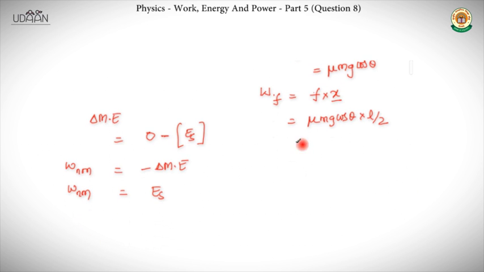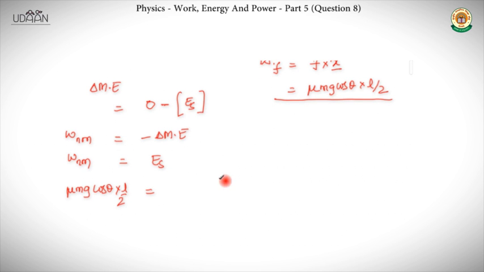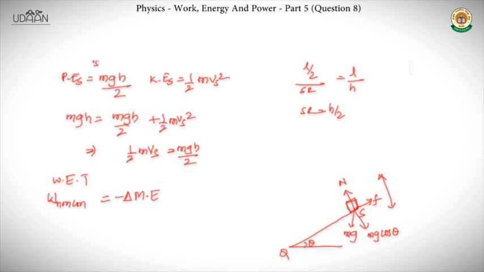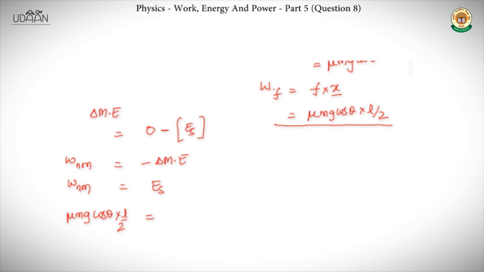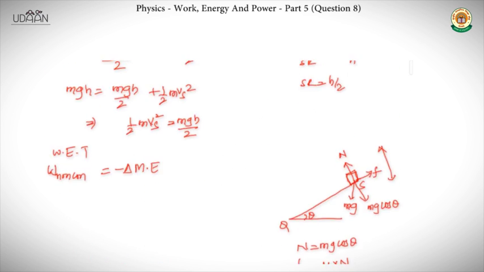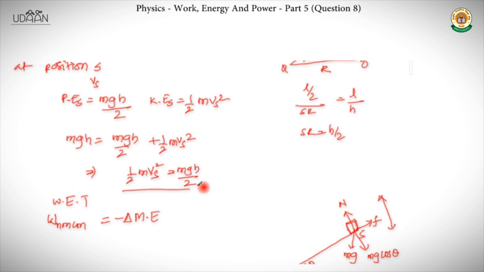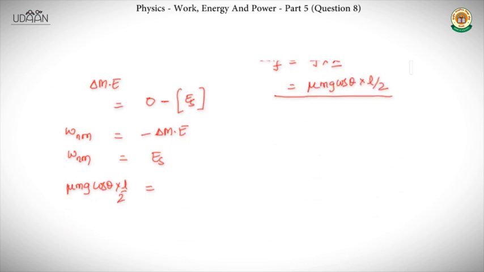We got here that the work done by the non-conservative force is equal to mu mg cos theta into L by 2, and at S we have the equations: potential energy plus kinetic energy.